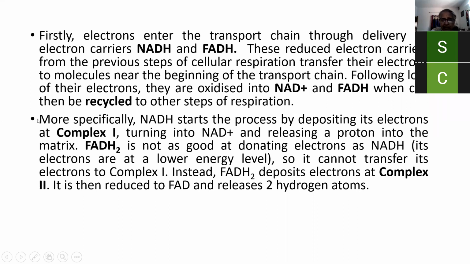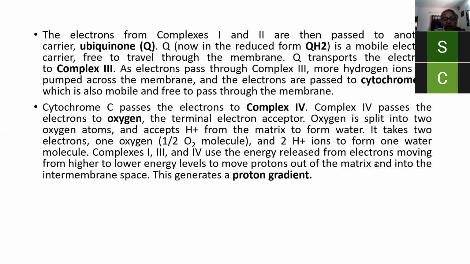Now, the NADH starts the process by depositing these electrons at complex 1, like I told you, and then they will release the protons into the space. Similarly, FADH2 will release its electrons and protons into complex 2, and then it will go to the third complex.